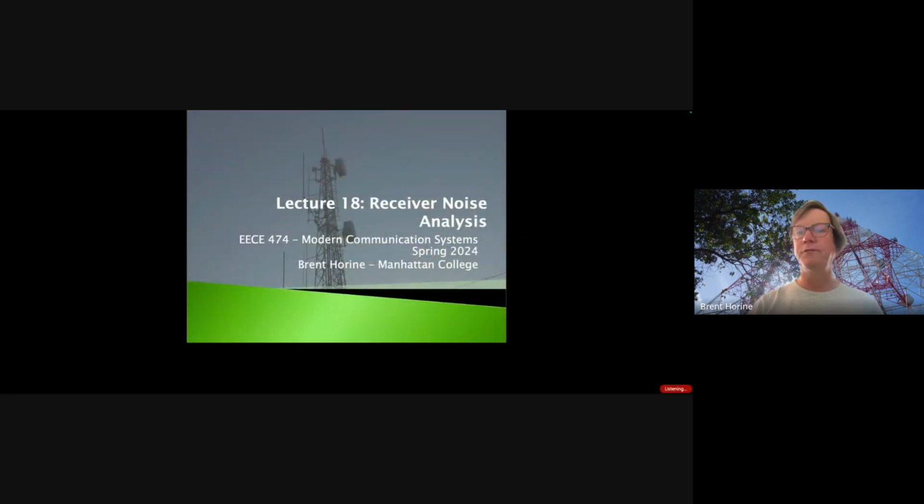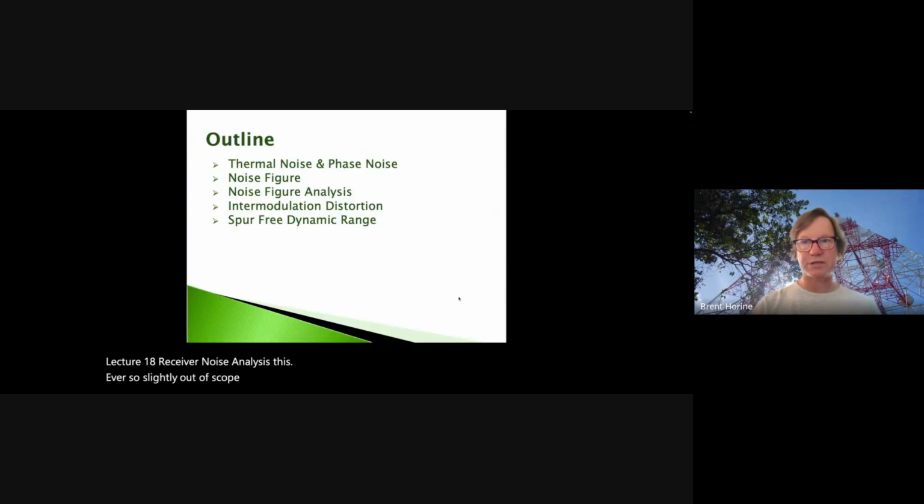So hopefully you can see this. Lecture 18, receiver noise analysis. This is ever so slightly out of scope of this course. It really leans a little bit more on implementation of your systems.